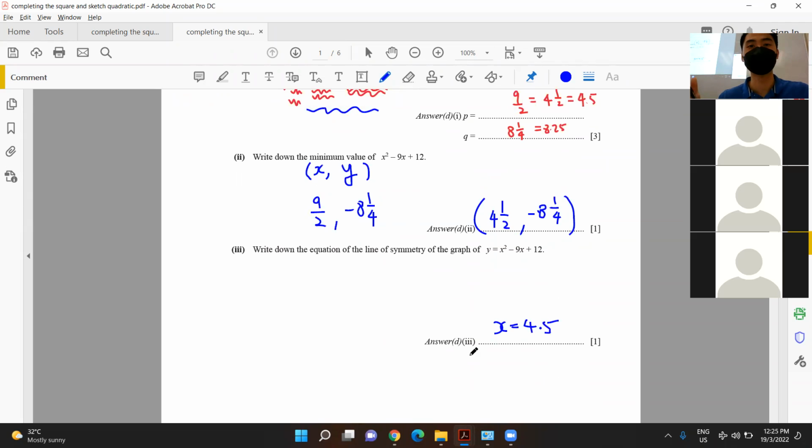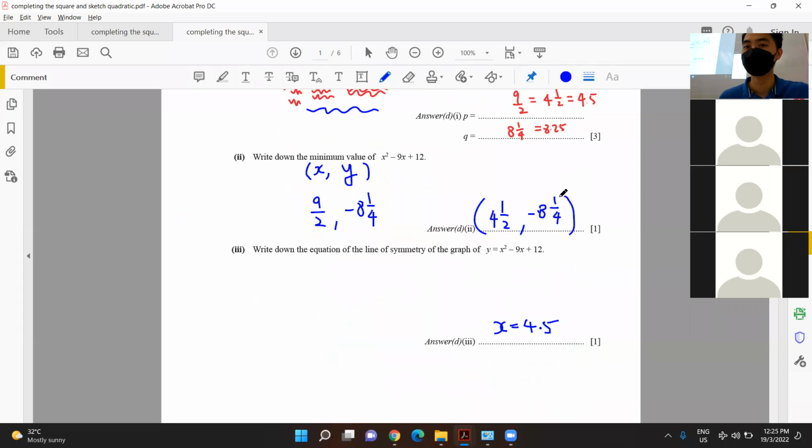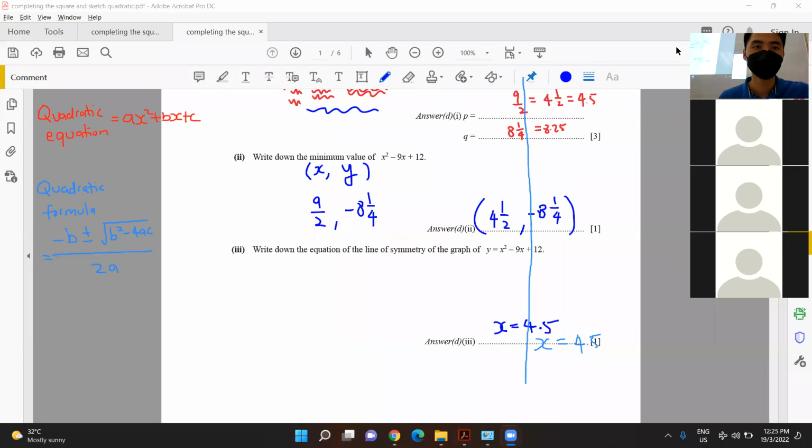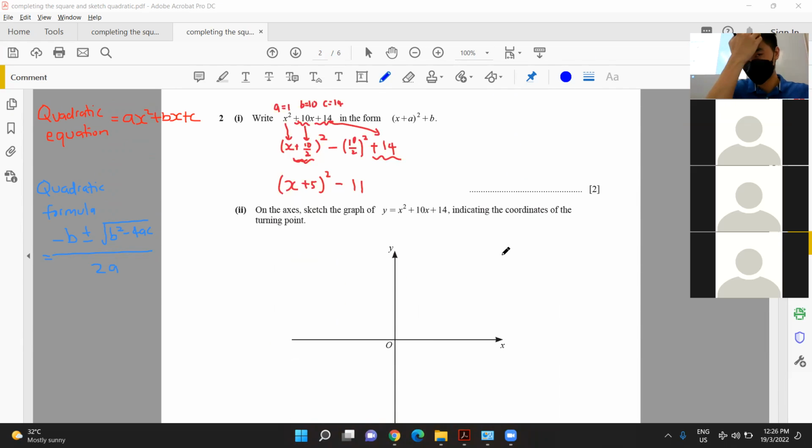Now, the next question, we're going to be doing the sketch for the graph right here. We need to learn how to sketch the graph. So, you see again, from the second question that we've already done, we have this already.